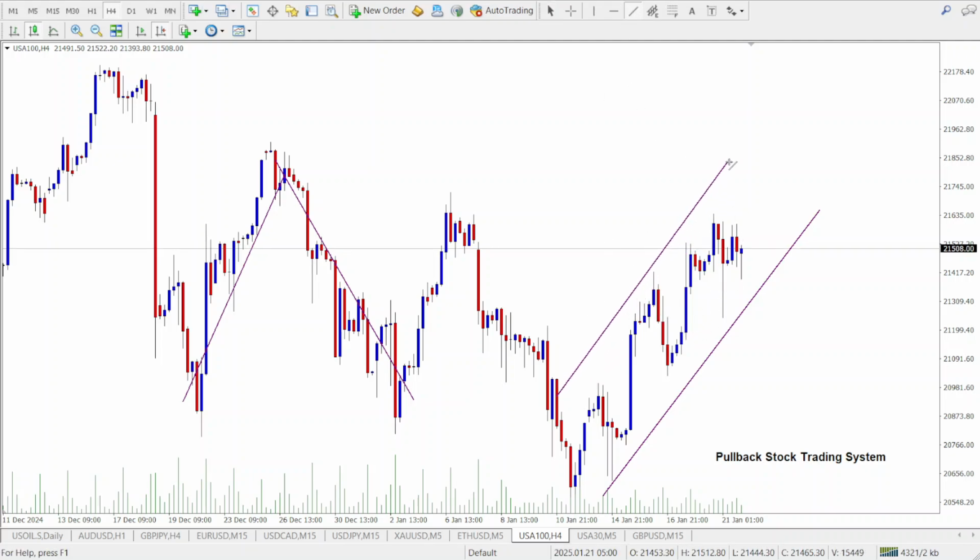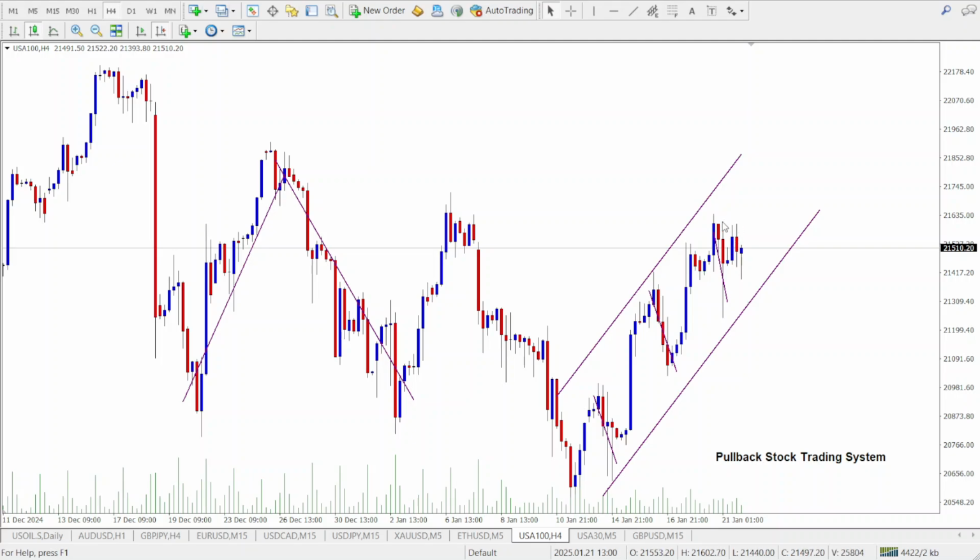This is currently a buy trend, and within this trend, we can see this is one pullback, this is another pullback, and this is another pullback. So far we have already had 3 pullbacks within this bullish trend, and pullbacks are opportunities to enter the trade in the direction of the trend.